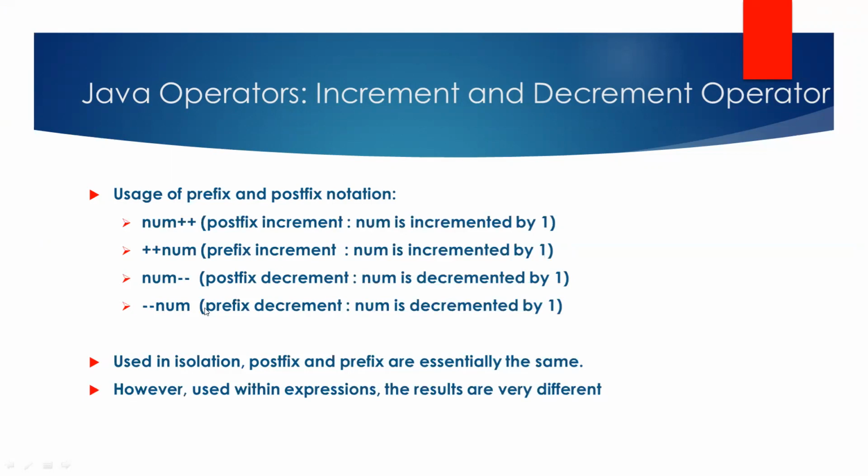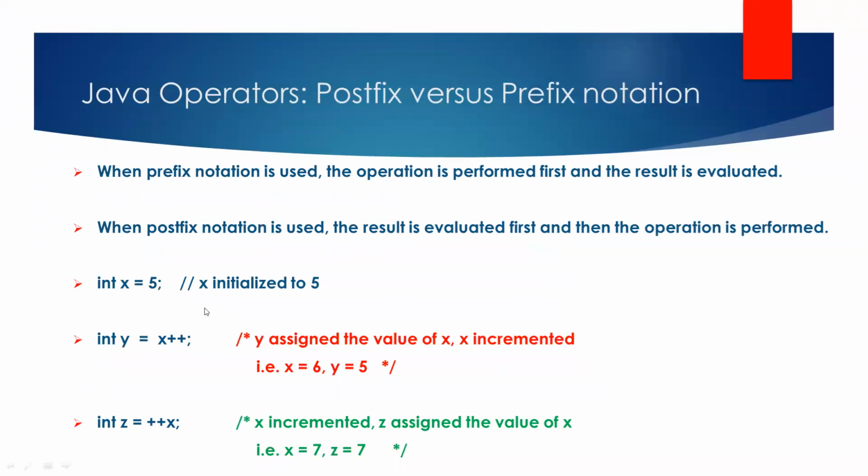So how to use this prefix and postfix? Let's see here. When the prefix notation is used, prefix means the plus plus operator is before your operand, the operation is performed first and then the result is evaluated.